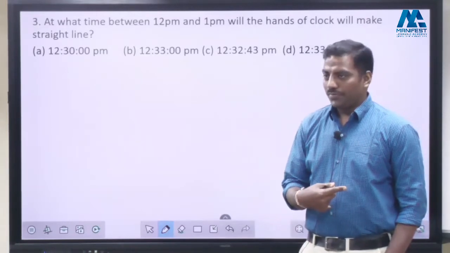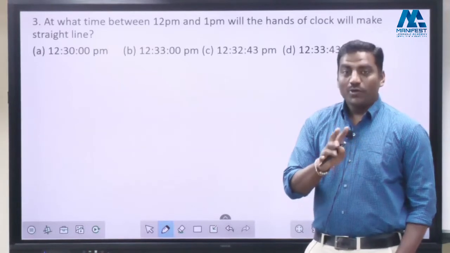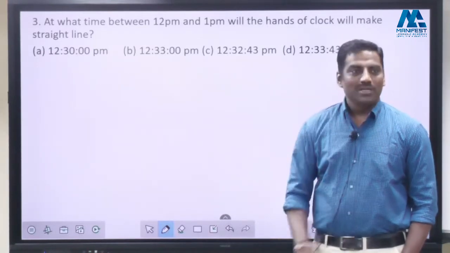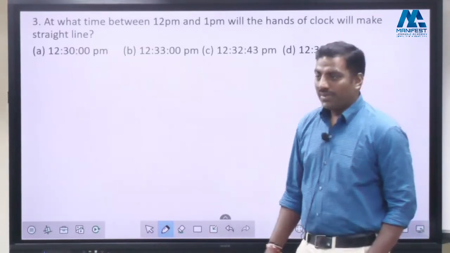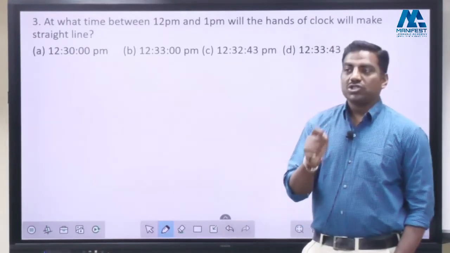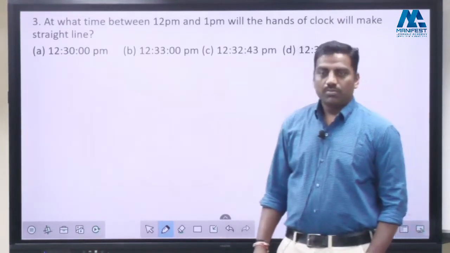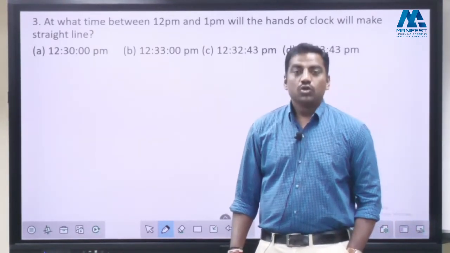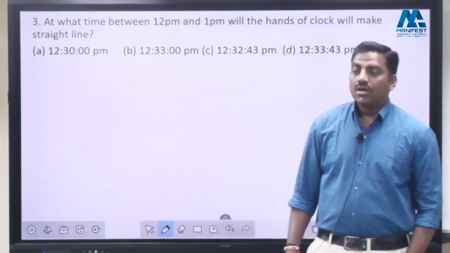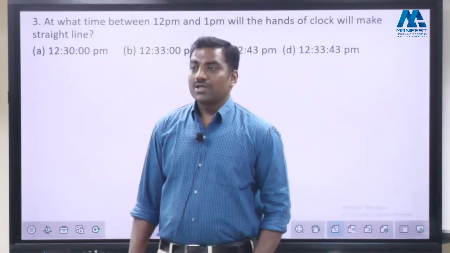I showed you during 2:10 where exactly the minute hand will be, and during 8:10 also. Now your imagination has to be perfect with respect to the position of the minute hand. Between 12 p.m. and 1 p.m., to make the angle of 180 degrees, where will the minute hand be? What number has it crossed?